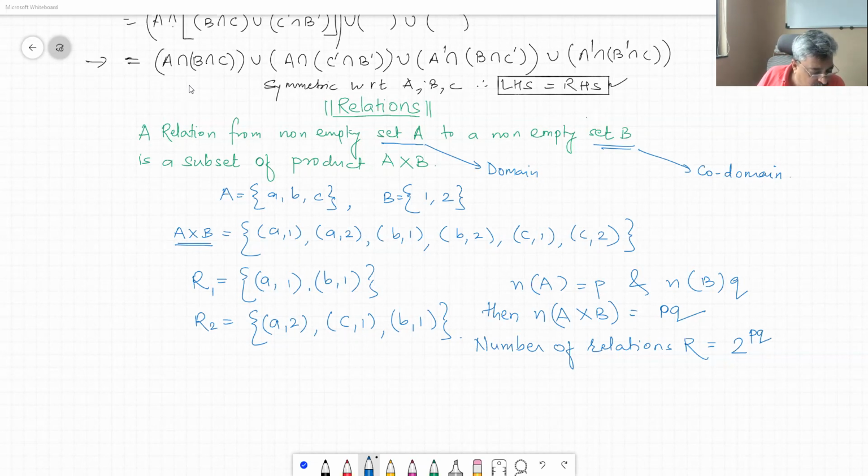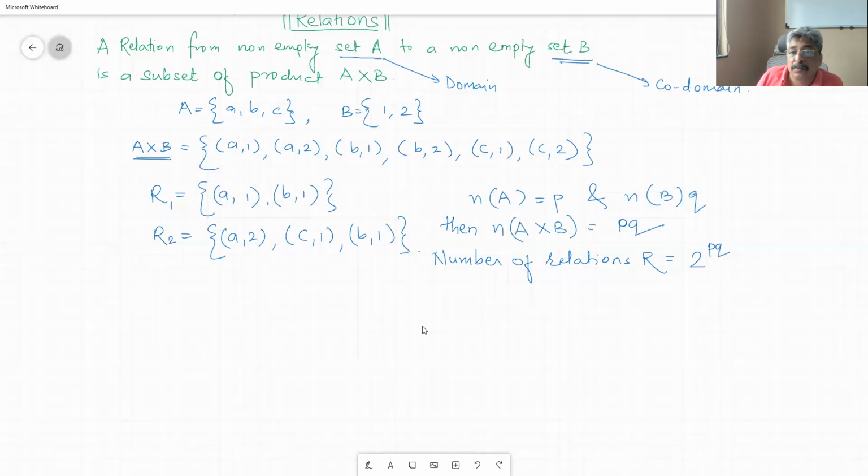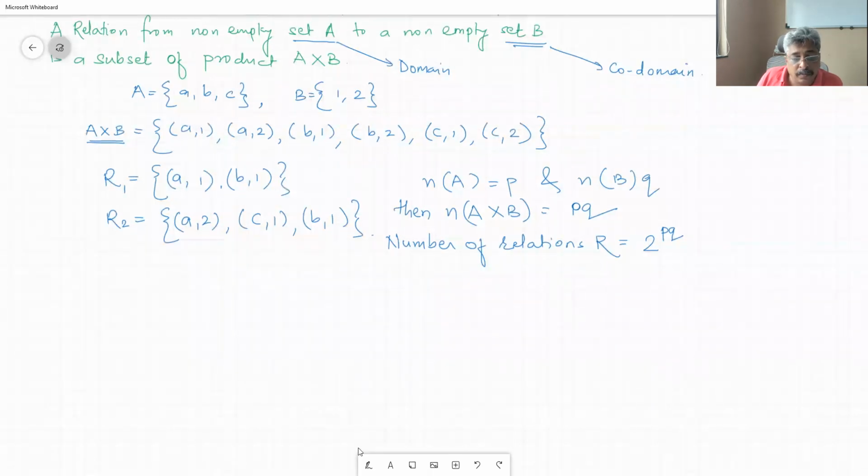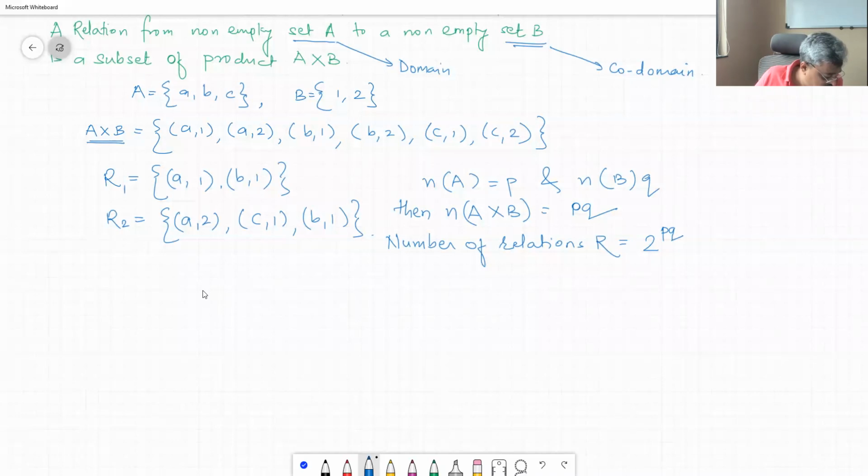So if we want to write down, suppose, a numerical example, we can write it in a couple of forms. This is the listing form of writing a set, in roster form.